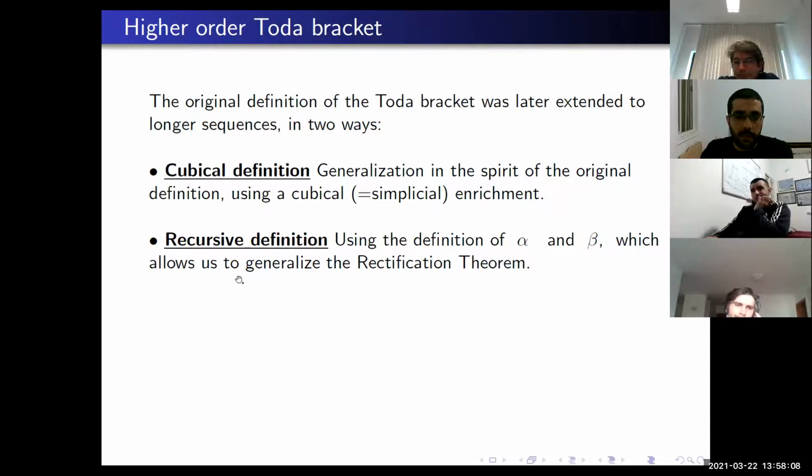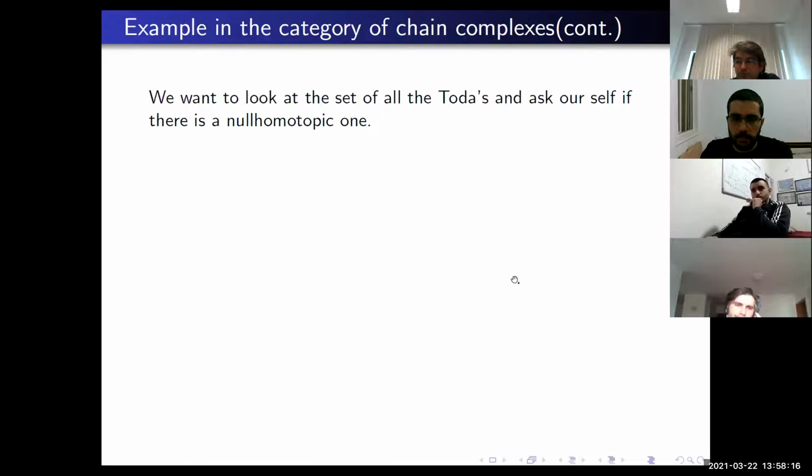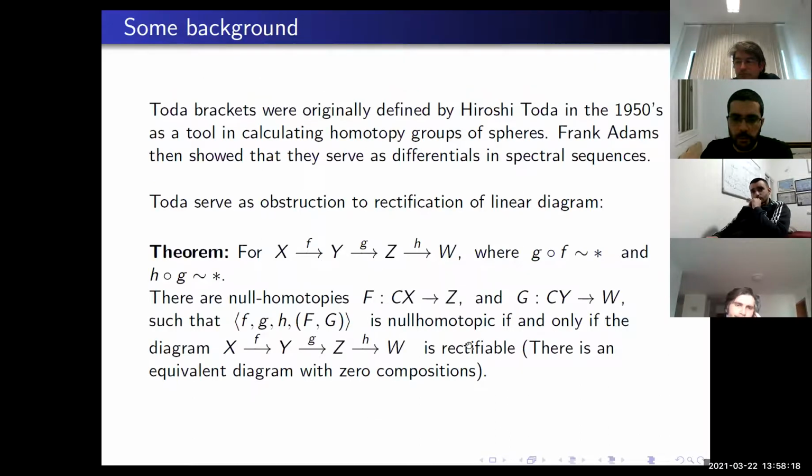Here we can generalize the rectification theorem. You remember we have this. I come back here to this theorem. So we know that Toda is the abstraction of rectifying this linear diagram. But what if we have a longer one? What is the abstraction to rectification there? It's the extended Toda.